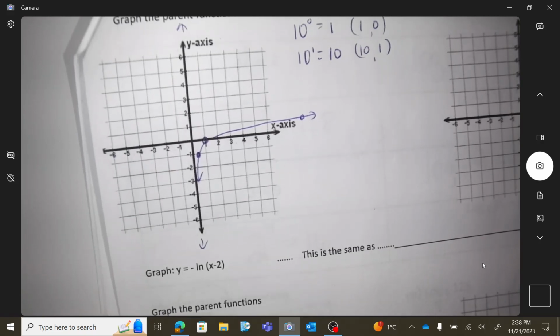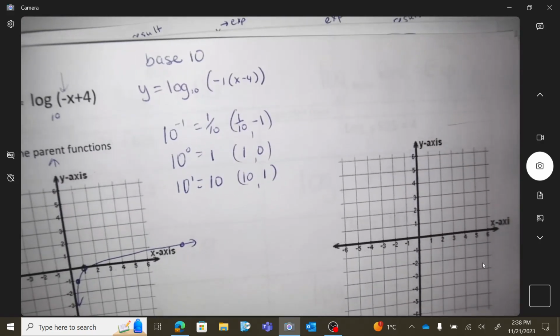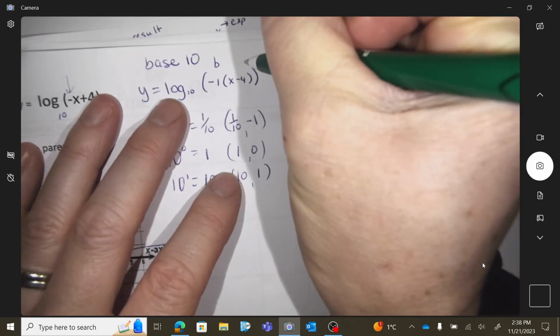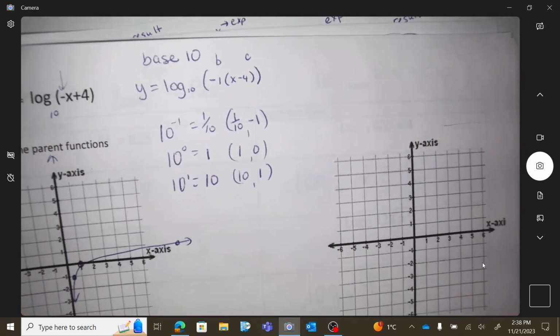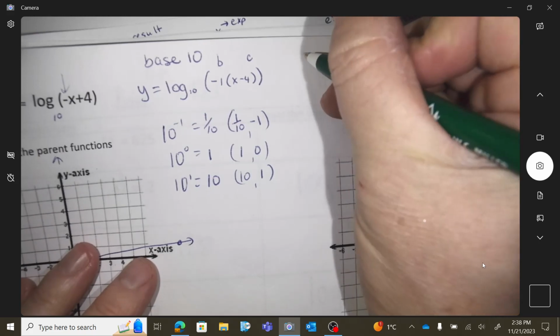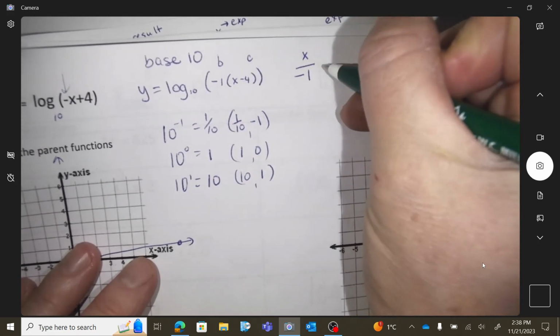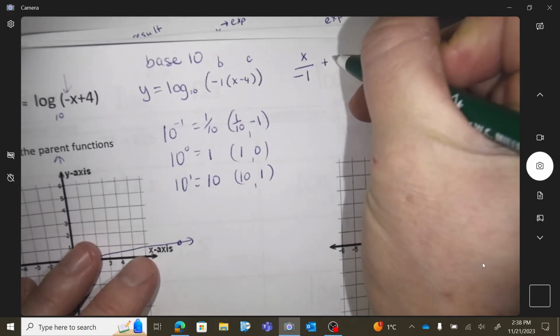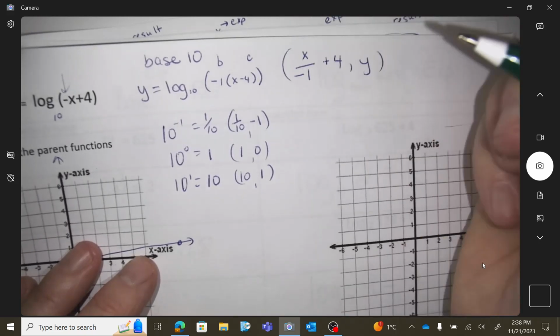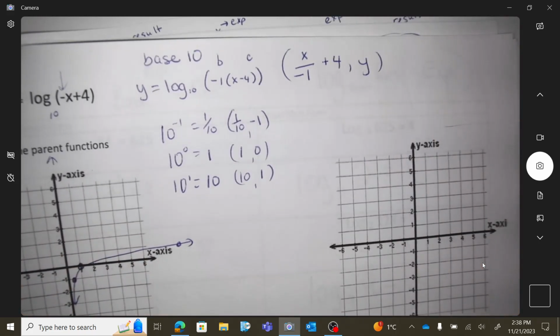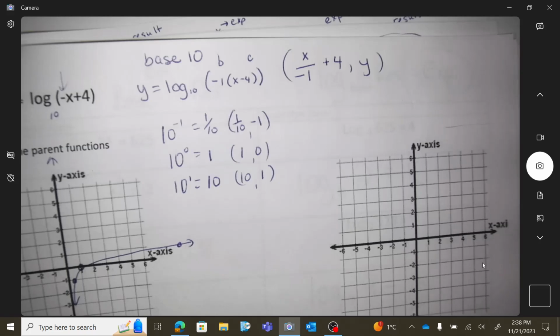Okay, now let's do some transformations. So we agree we have a B and a C. So how do we work B and C into points? How do you work a B and a C in?